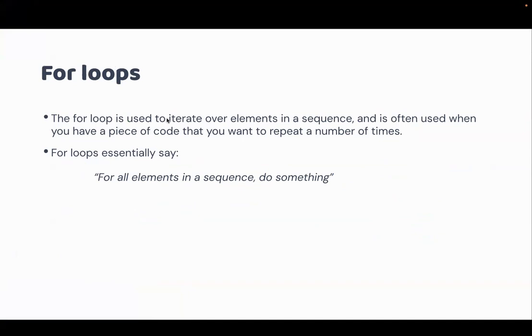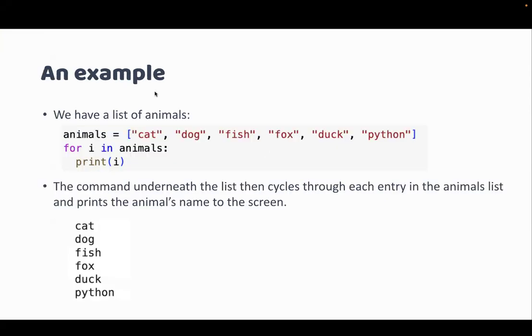The for loop is pretty much the same as in a lot of other languages. It is essentially saying: for all elements in the sequence, do something. Here is an example of a for loop. In Python, we can use the keyword in to traverse a list.